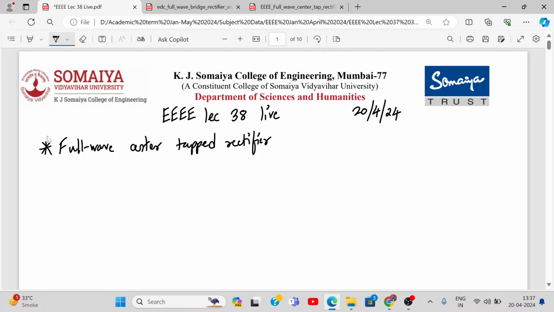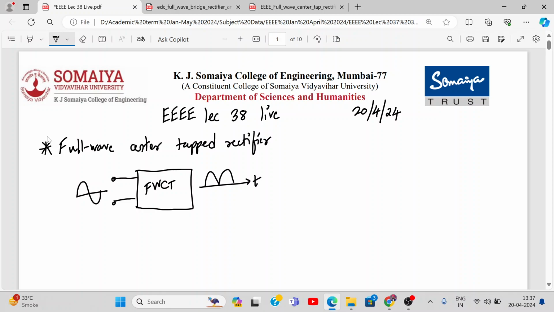In this full wave center tap rectifier, if I apply my input like this, what will be my output? At any point of time, two diodes are on. So this is my input and this is my output.